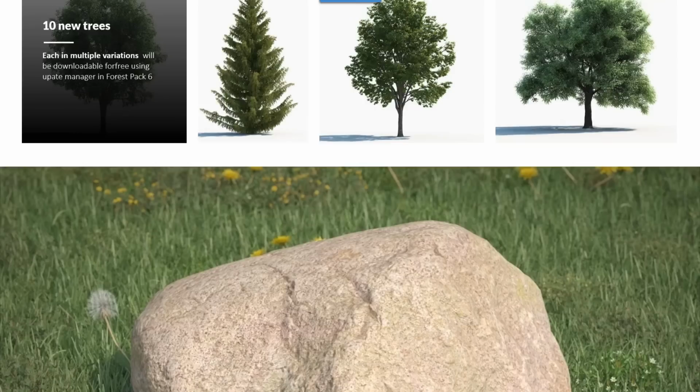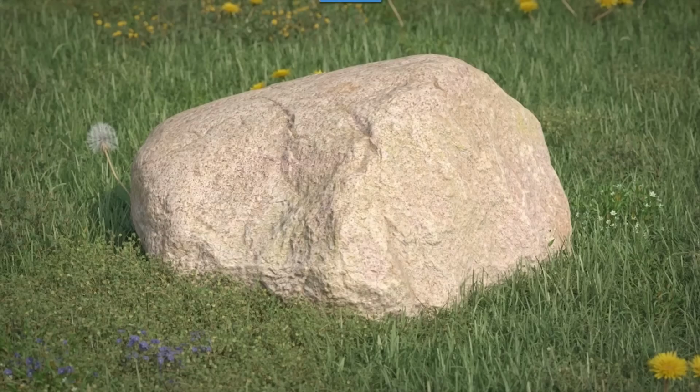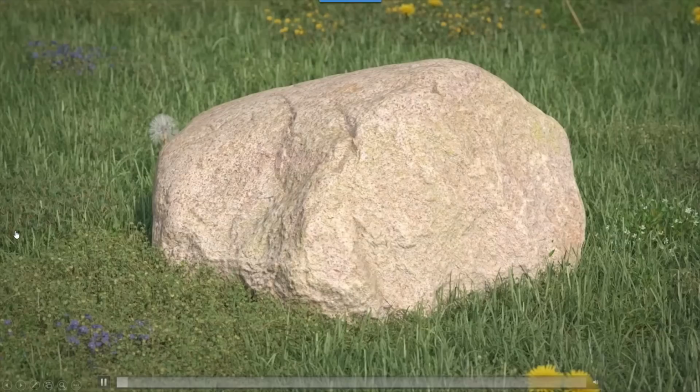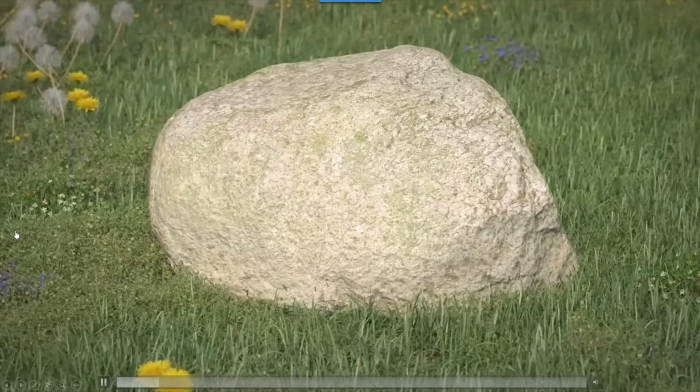We've also recently released a new rocks library, and we can see a little preview of that here. This was only possible because of Update Manager. We released this mid-cycle, and it's something like 42 new photo scanned rocks. We can see some examples of them here.